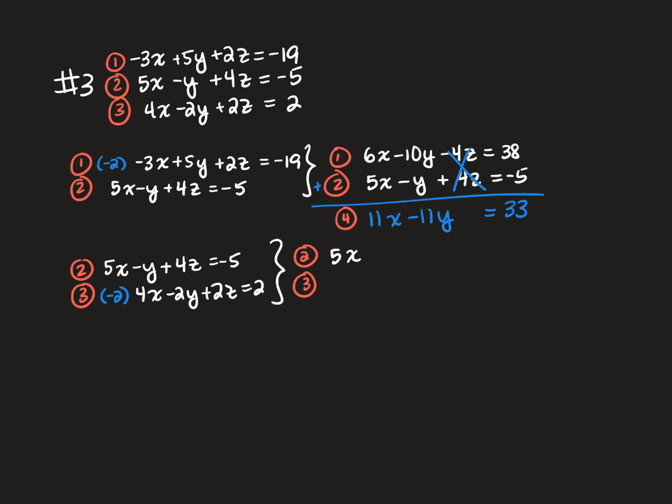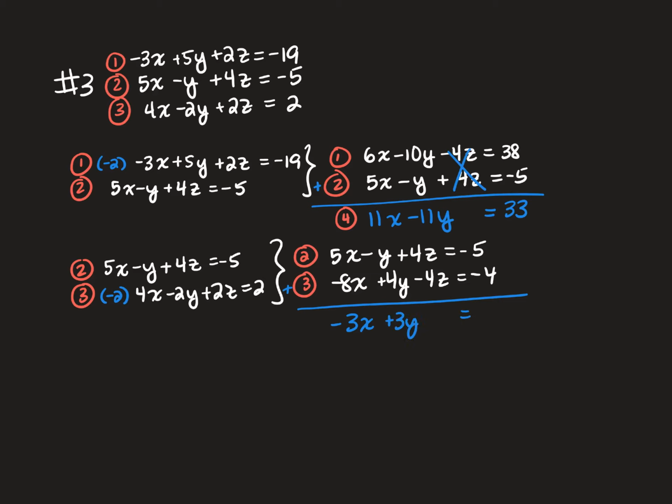So top doesn't change. But then I'll have -8x plus 4y minus 4z equals -4. And then once again, since I have the same coefficient in front of z, one positive, one negative, I can just add these together. So I'll have -3x plus 3y equals -9. Okay, so let's put that as equation 5.